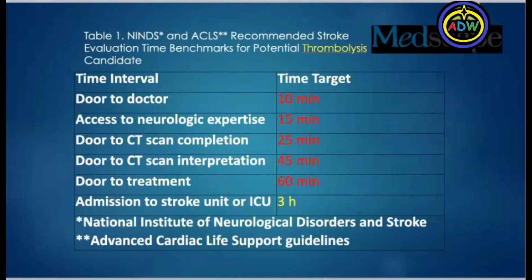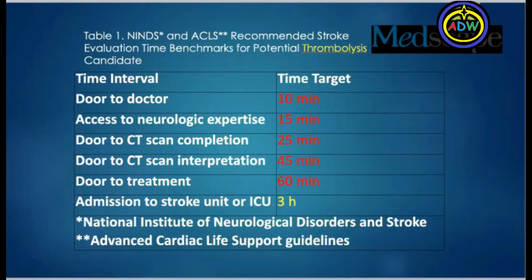So here there is a table from the National Institute of Neurological Disorders and Stroke and the Advanced Cardiac Life Support Guidelines. They recommend time targets for thrombolysis. The interval from door to doctor is 10 minutes, so from the patient's arrival to admission to hospital must be about 10 minutes.